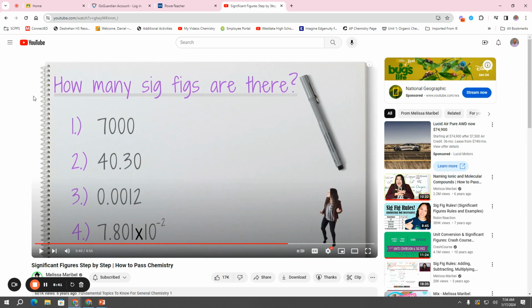Melissa Maribel hits it right at the level that we are teaching it. I think she's a former teacher that started making money off of this, so she went that way. Tyler DeWitt, I believe he's a college level professor because he tends to go a little bit beyond where we need to at times.